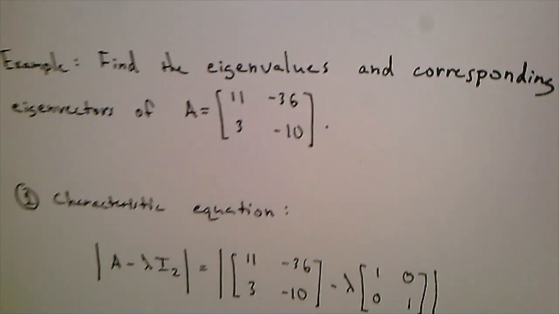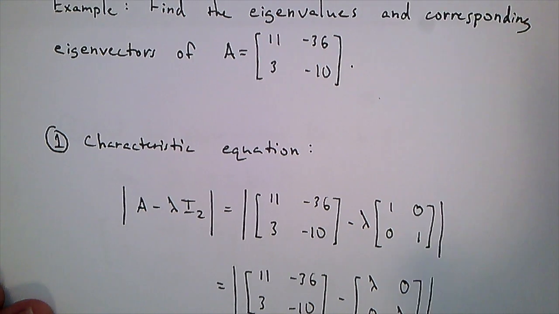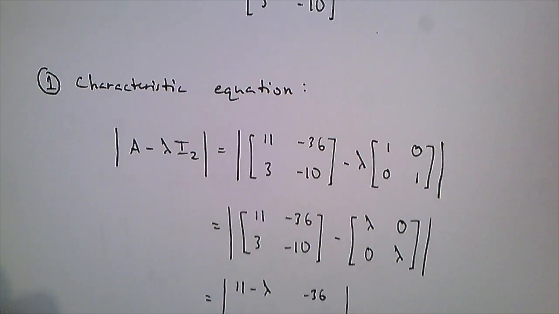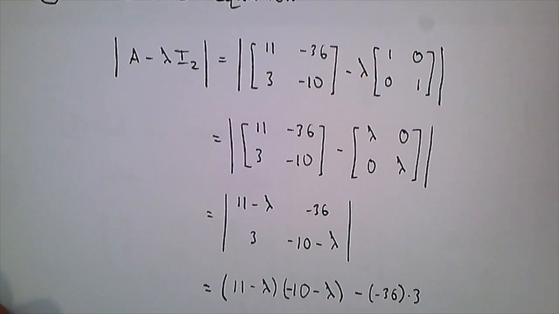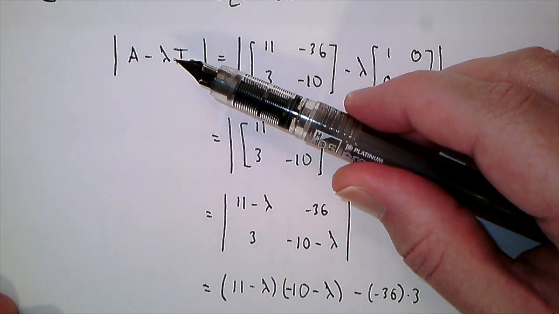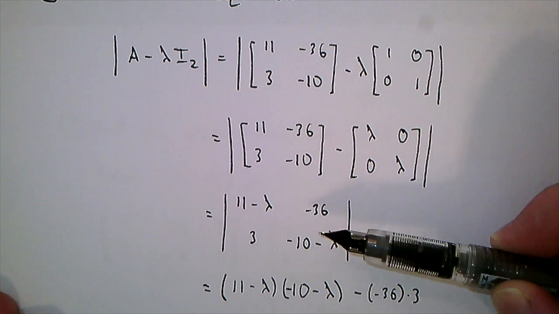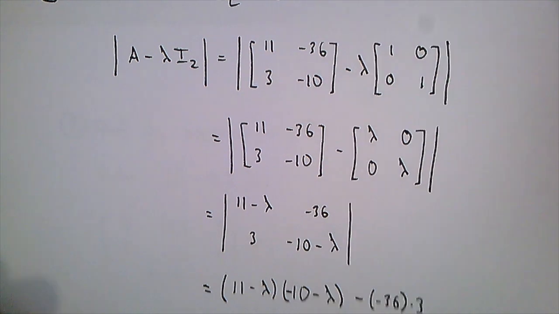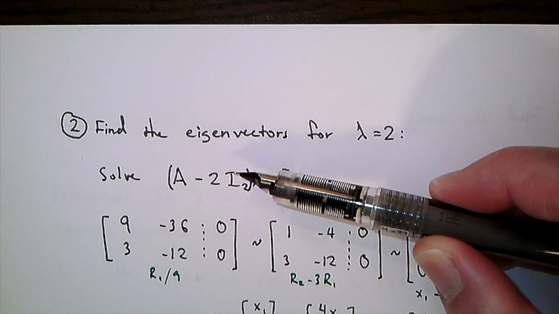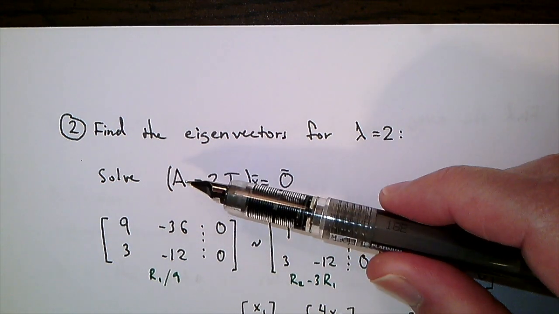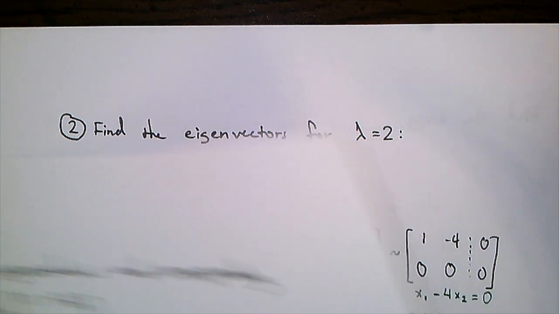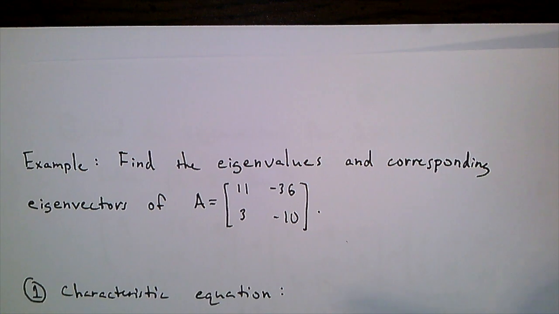And just as a quick reminder, we've already thought about what A minus lambda I2 is, and that's just this guy, where we've subtracted the eigenvalue from the diagonal elements. So when I'm solving this equation, I don't have to work through this math again. I know that it's going to be the original matrix minus this eigenvalue, and the original matrix is here.